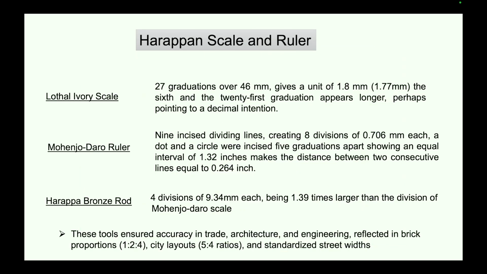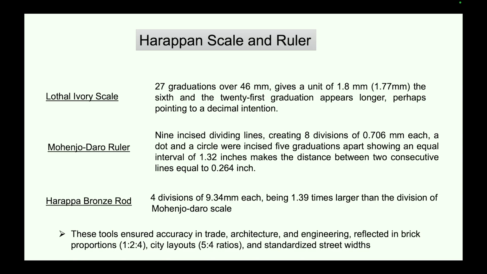Harappan scale and ruler. The Lothal ivory scale has 27 graduations over 46 mm, giving a unit of 1.88 mm. The 6th and the 21st graduations appear longer, perhaps pointing to a decimal intention.